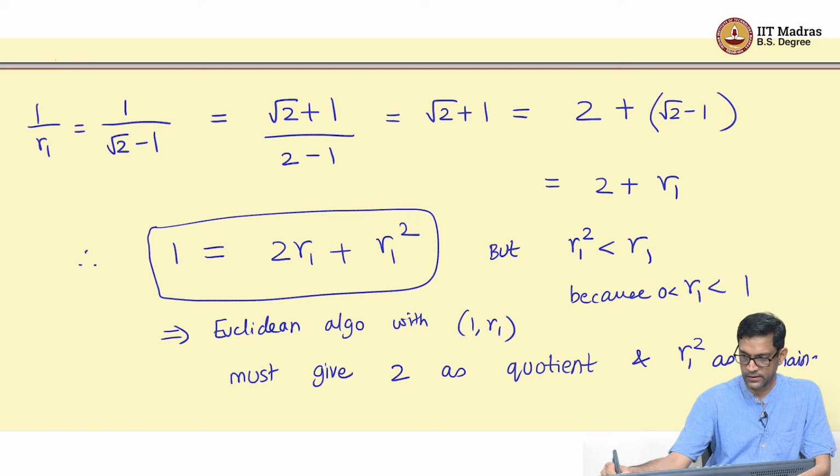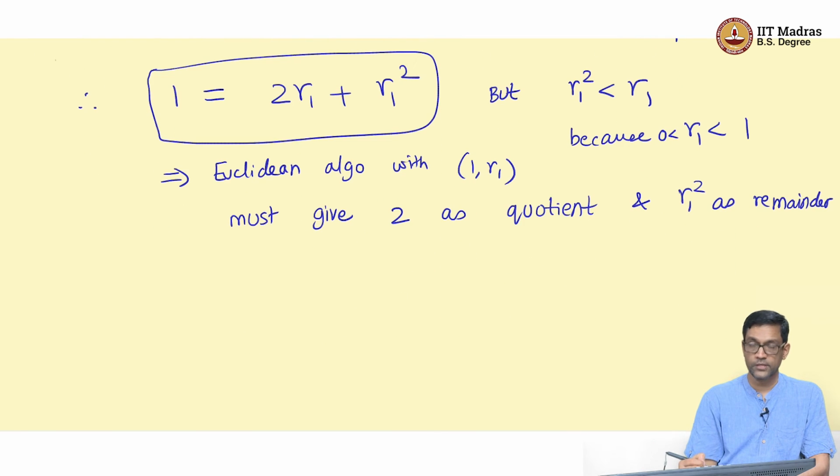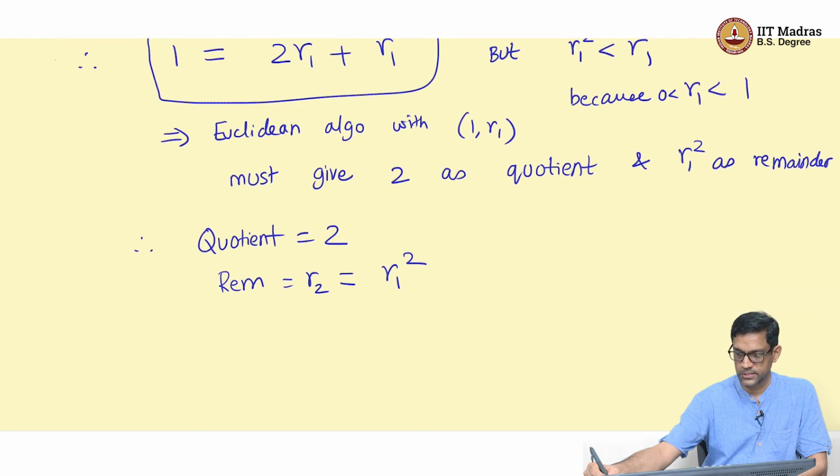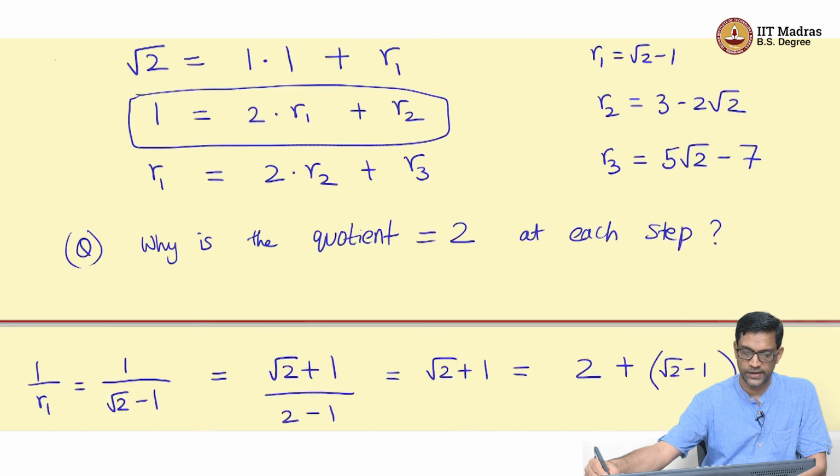So we actually got a little bit more. We tried to see why the quotient was 2, but we also deduced that the remainder is in fact R1 squared. Therefore, at this step the quotient is 2, and the remainder, which we called R2, is actually the square of R1. Now let's keep going like this. What was the next step of the Euclidean algorithm?